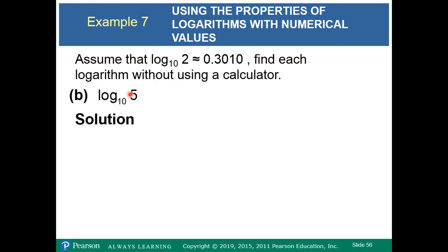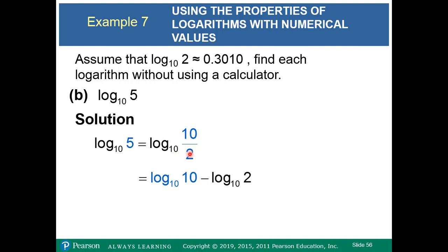Well, let's see here. Can I write this as a power of 2? We might be able to do that. Well, we get 2 over 10, right? So 5 can be written as 10 divided by 2. And so now we can use the quotient rule.